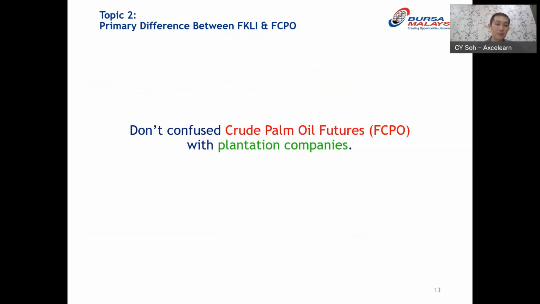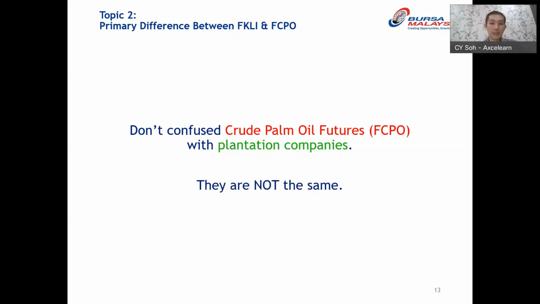Don't get confused between FCPO, the crude palm oil futures, and the plantation companies. A lot of people think that if FCPO goes up, plantation companies have to go up as well. It is a very, very incorrect concept, because your understanding of these two things is incorrect.